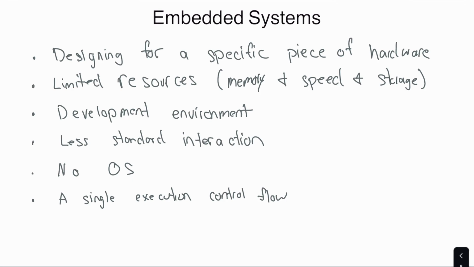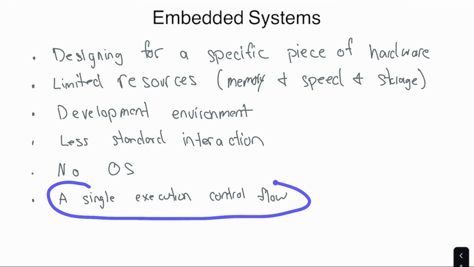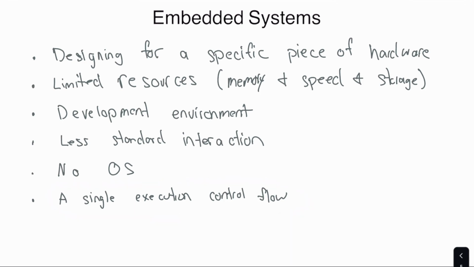It's not going to be doing multiple things at the same time. That's not technically true, especially for the ESP32 that we're using, since it has a second core. It has a dual-core processor, and that second core is often used for sending things over Wi-Fi. For the most part, though, we are going to model our programs based on a single execution thread.